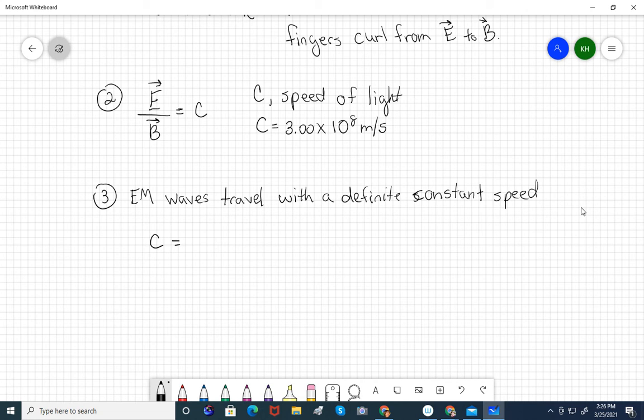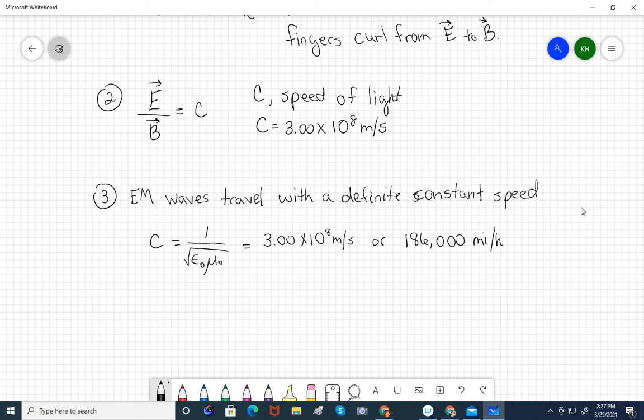And according to Maxwell's equations, c must be equal to 1 over the square root of epsilon naught mu naught. That is vacuum permittivity times vacuum permeability. And it equals 3 times 10 to the 8th meters per second, or about 186,000 miles per hour.